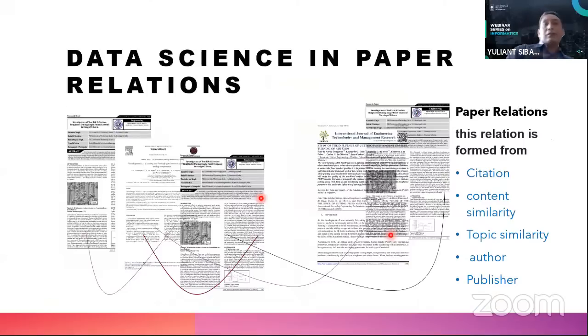But we can also find how the relation is formed. Behind the citation, actually there are several things that make up this paper relation. For example, content similarity. We know in every scientific paper there must be similar content. From that similarity, we can build a relation between one paper and another paper.